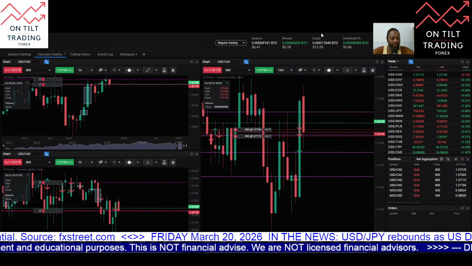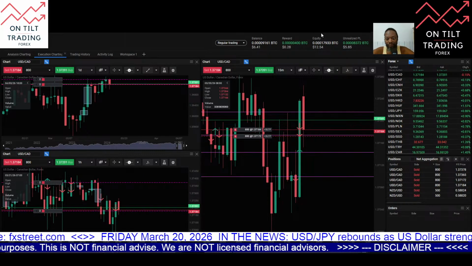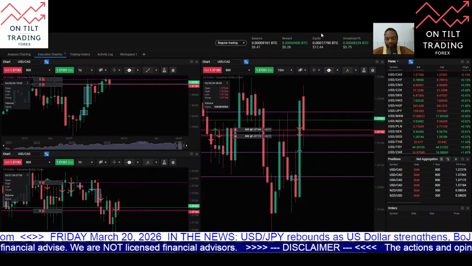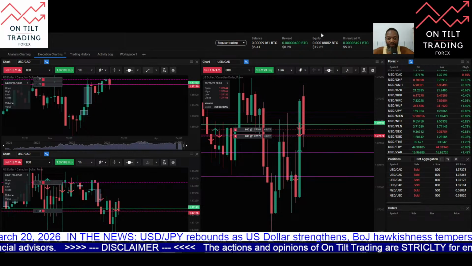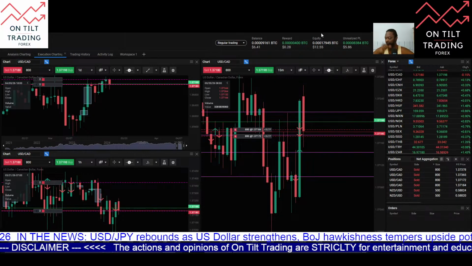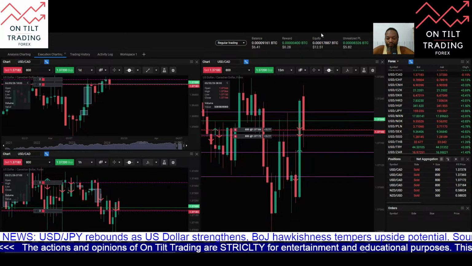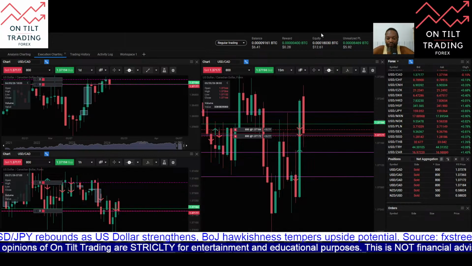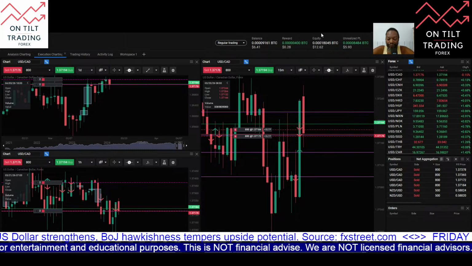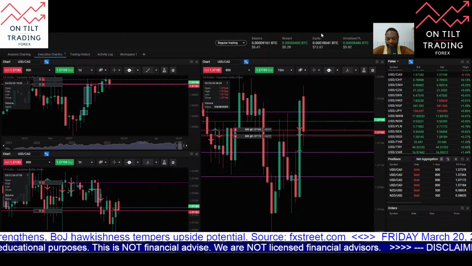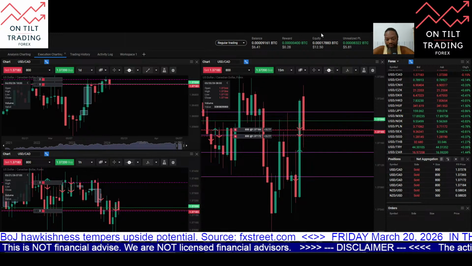So just one tick away. Price pulling back here to the 137.180 level. Price still consolidating here. Let's see if we can get this gap closed.